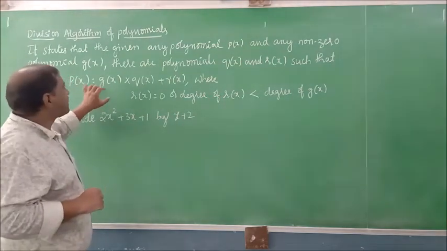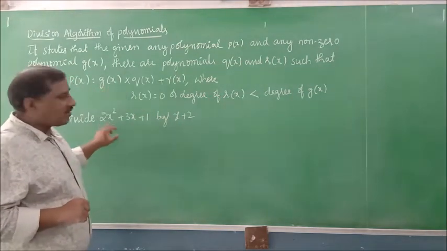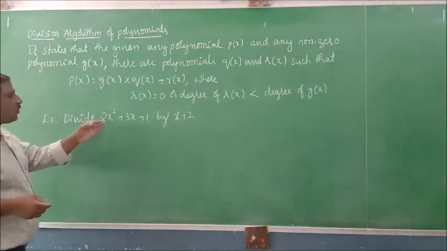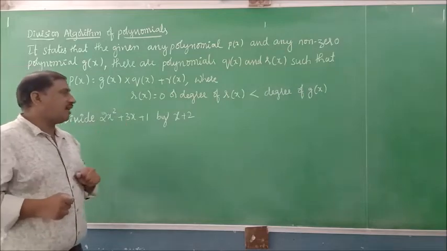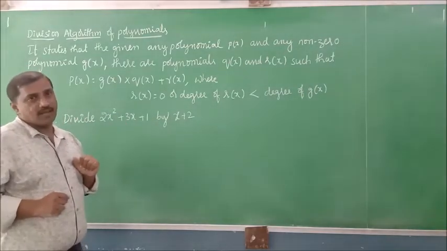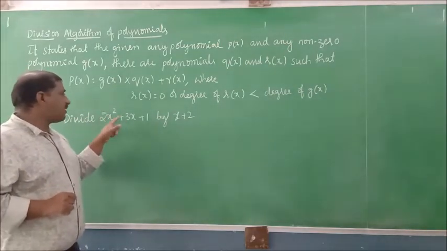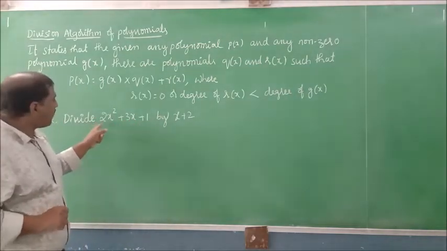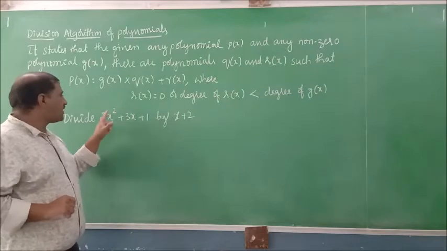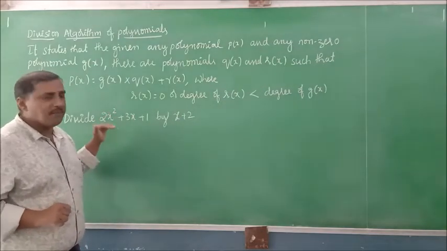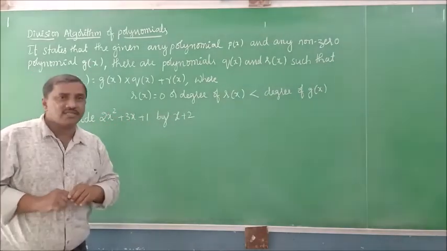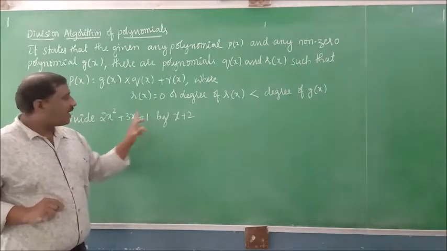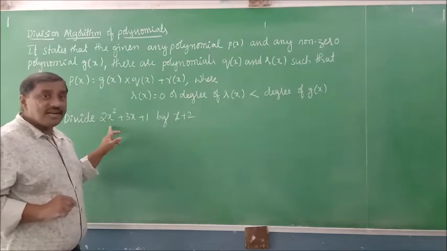We will discuss whether it is satisfied or not for polynomials with an example. Divide 2x square plus 3x plus 1 by x plus 2. Here the first polynomial 2x square plus 3x plus 1 is p of x, and x plus 2 is g of x, that is, the divisor polynomial, and the first one is the dividend polynomial.